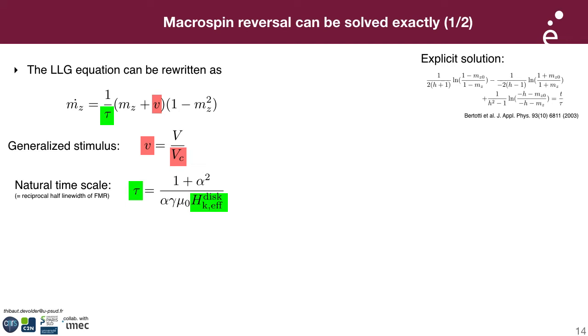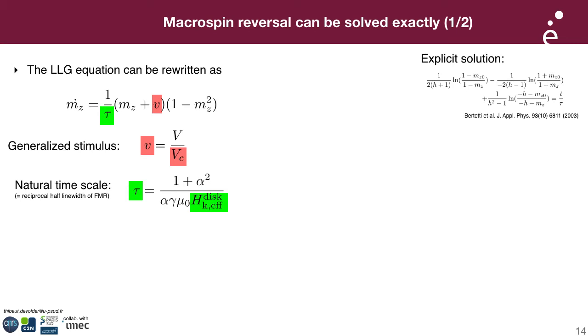That's the first term. It is the natural time scale for switching of a macrospin, which is the reciprocal of the FMR line width. Then there's the second term, which contains this red term, V, which is a generalized stimulus, and if you don't apply any magnetic field, this is just the voltage over the threshold voltage.